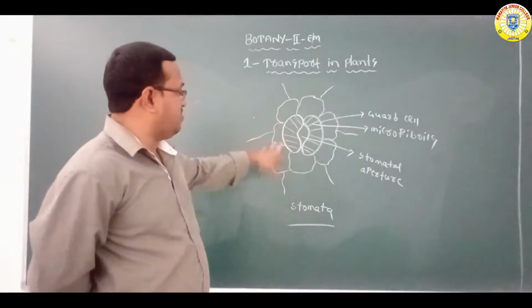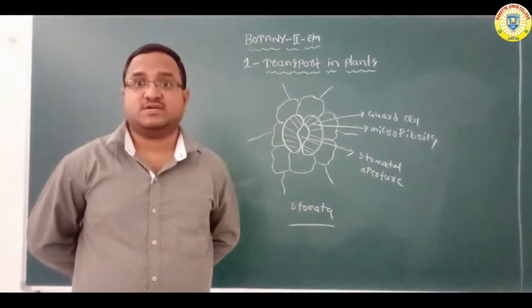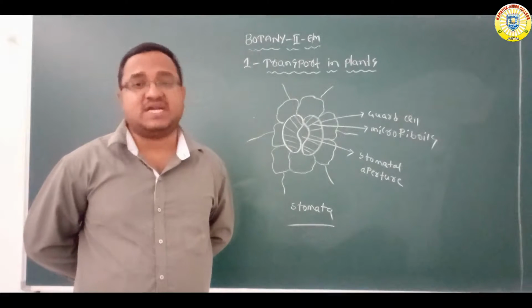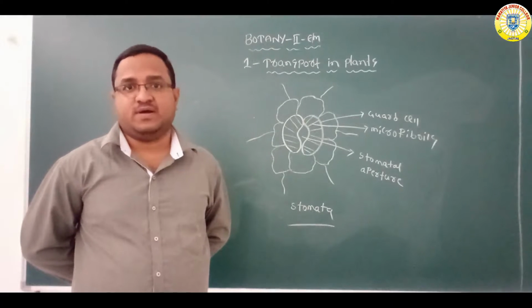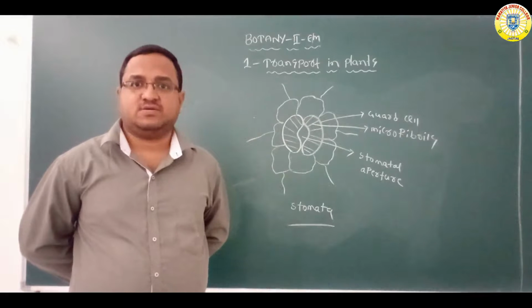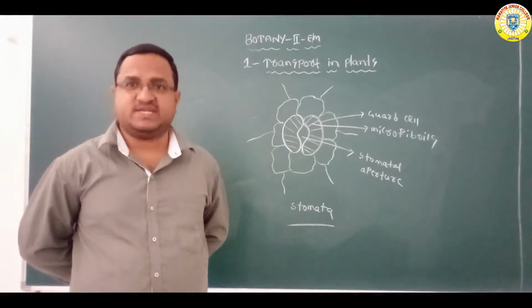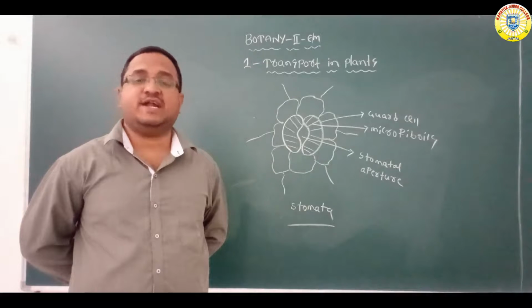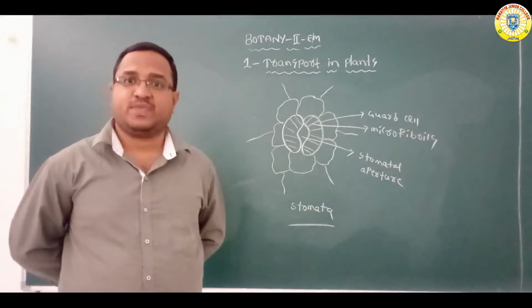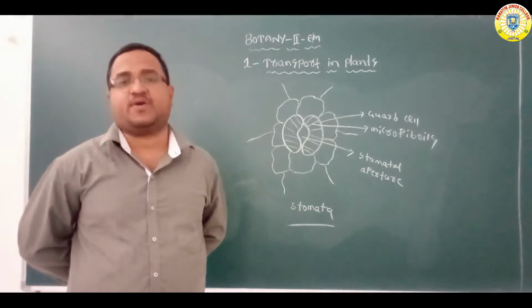Not only stomata, cuticle and lenticels are also useful for transpiration. The stem contains lenticels and cuticle, which are also involved in the transpiration process.